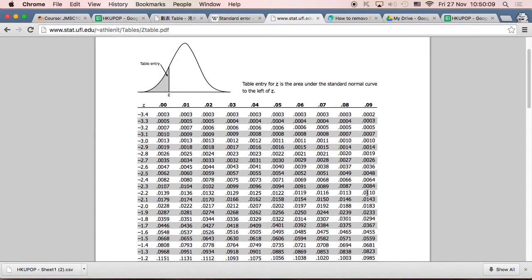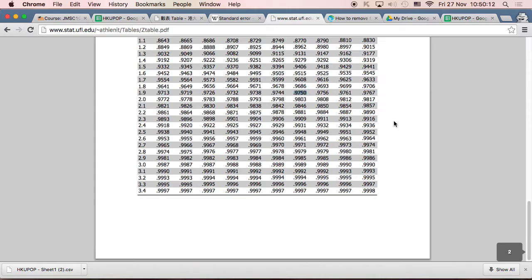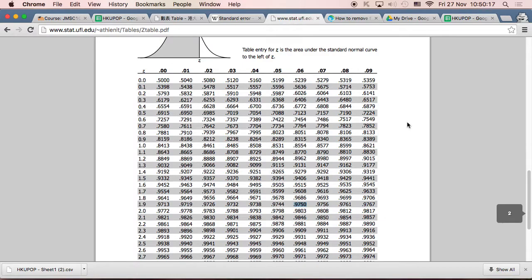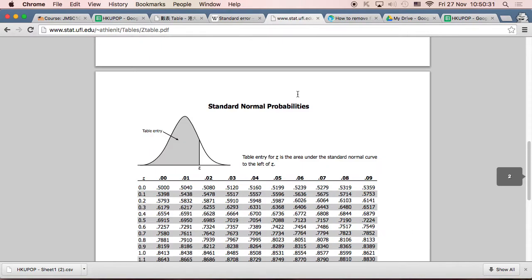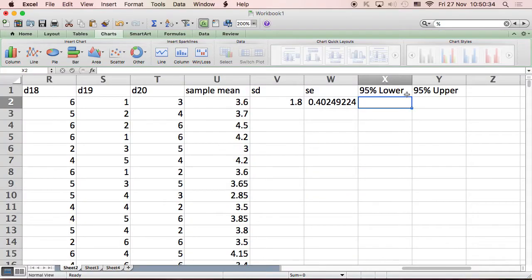Okay, so you need to have a Z-score table, and when we need to calculate the 95% confidence intervals, meaning our alpha is equal to 5%, we need the critical value when alpha equals 5 divided by 2.